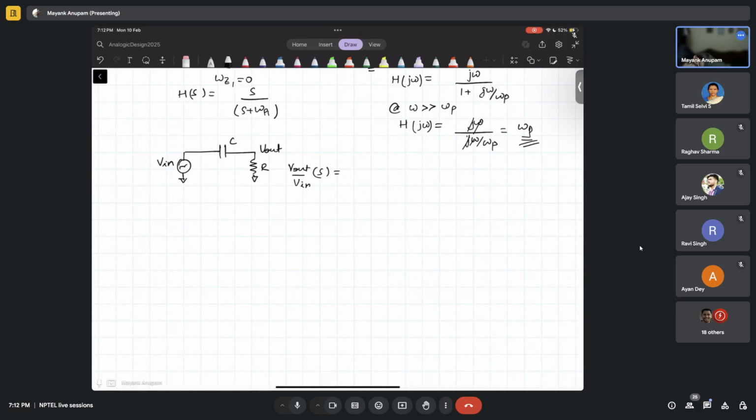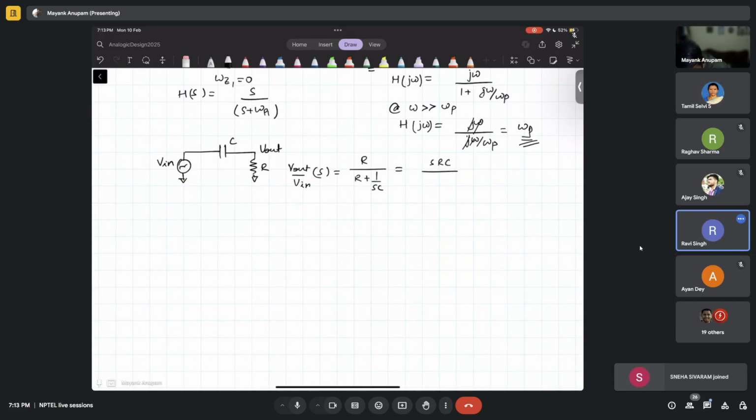It will be R by R plus 1 over SC, right? So it will be SRC by 1 plus SRC.